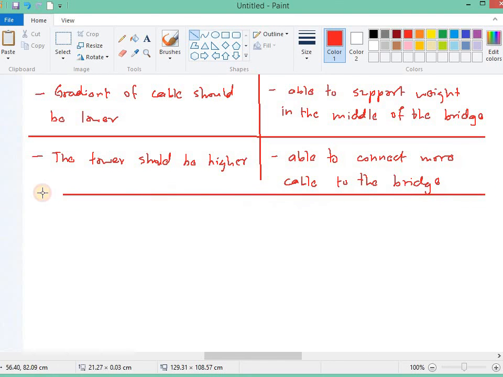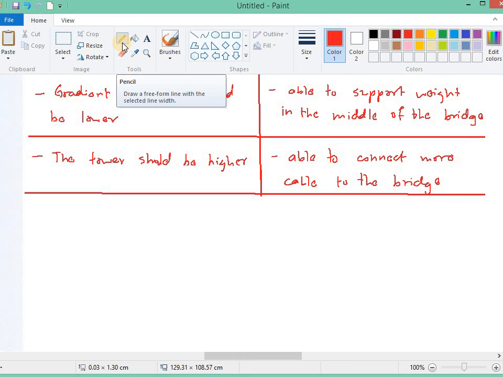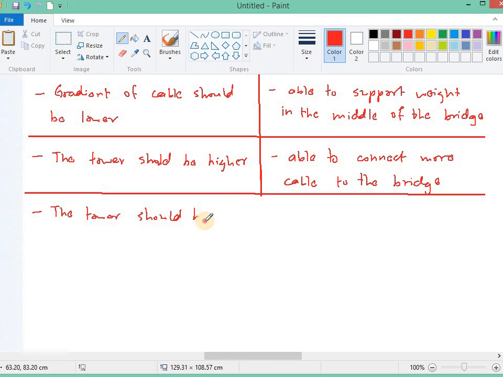Okay, also can. Another more obvious answer is, for example, you can say the pillar should be made from steel, stronger. Okay, the explanation is stronger. Stainless steel also can, stronger.